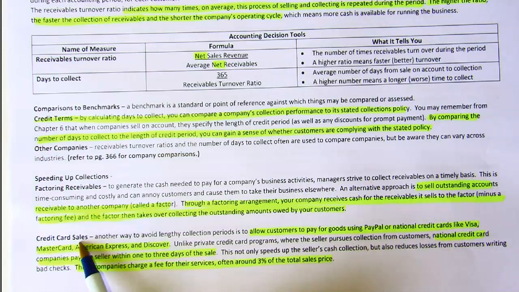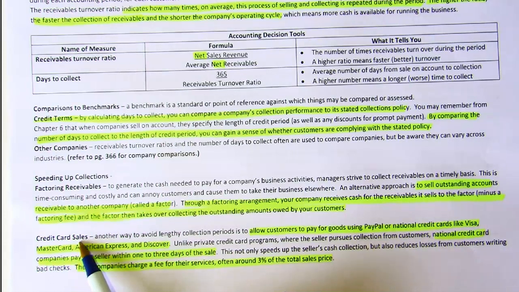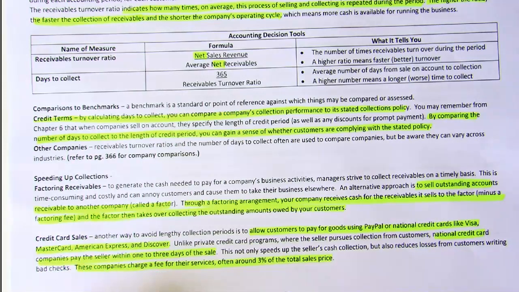This other area we talked about when we had our first lecture on this chapter, and that's credit card sales. If you do not want to hold credit yourself and bear the risk of loss, in other words, non-collectability, one way to allow your customers to buy on credit but not experience that loss is to allow them to use credit cards.